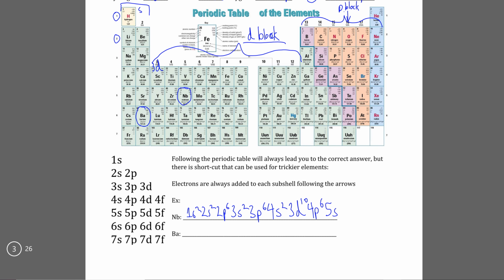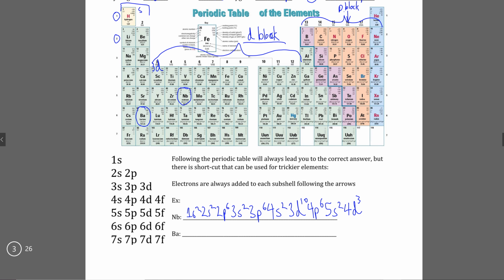Here we have the 5s subshell, which is going to be full. And finally, remember that the first D subshell is 3D, so the next D subshell here will actually be 4D, and in the 4D subshell, we need to count 1, 2, 3 elements over before we get to niobium, which means niobium has 3 electrons in its 4D subshell.